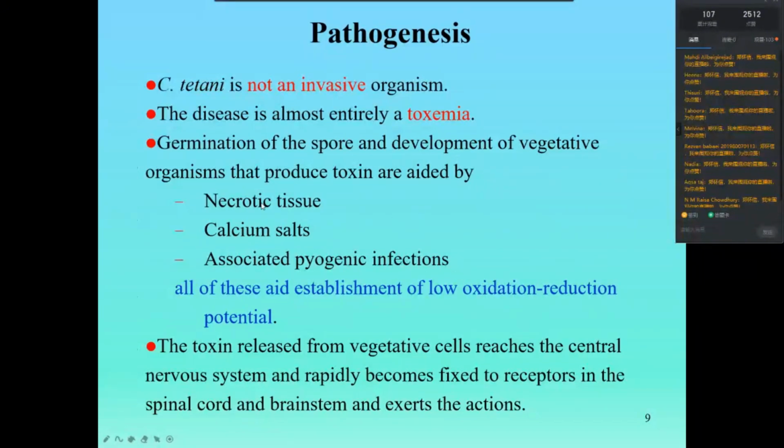All of these factors aid the establishment of low oxidation reduction potential. So they produce the condition of low oxygen, which can help the germination and growth of the bacteria. Okay, so that is the pathogenesis of tetany.